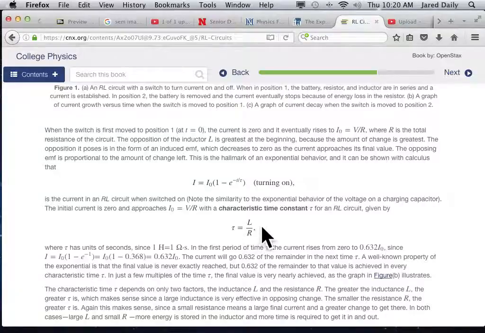But it's inversely related to the resistance in the circuit. So if you have a bigger resistance in the circuit, that turn-on time actually goes down. It decreases. Bigger resistance. Smaller resistance, the turn-on time goes up. And so this is what we call the time constant of an LR circuit, or an inductor resistor circuit. It's the time constant, and you use it in this equation to calculate how fast something turns on.